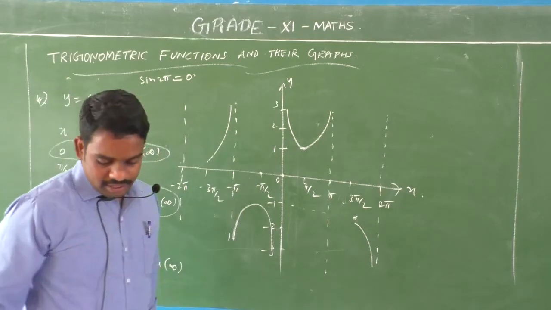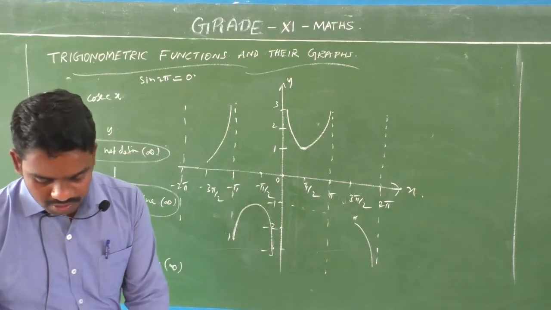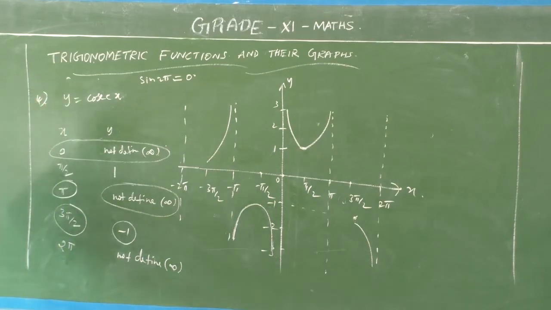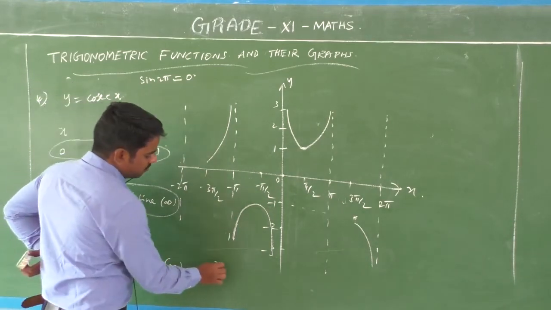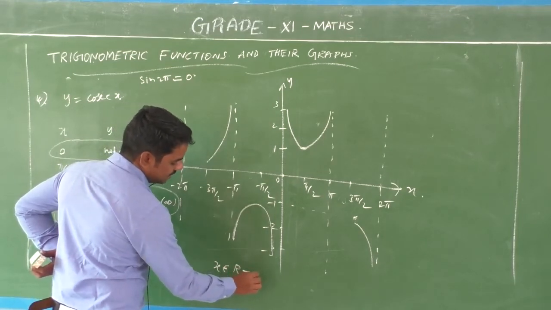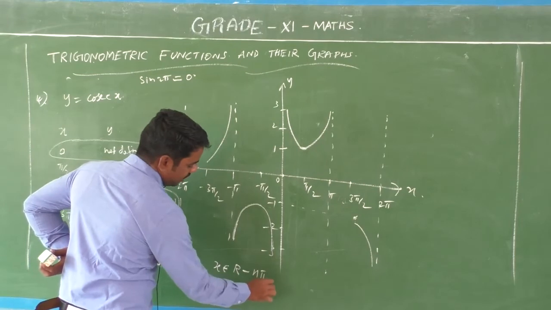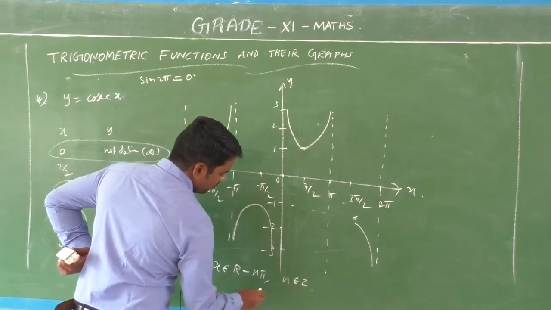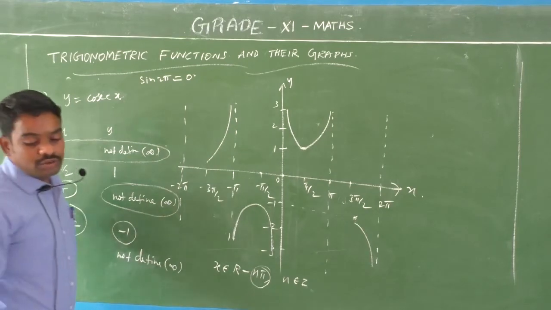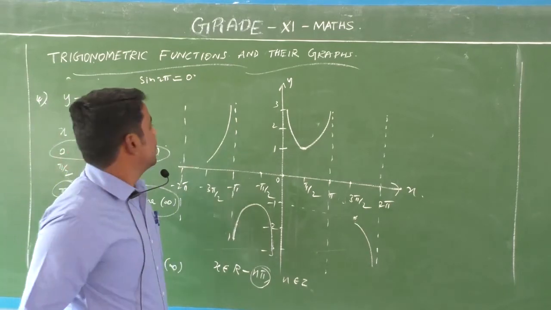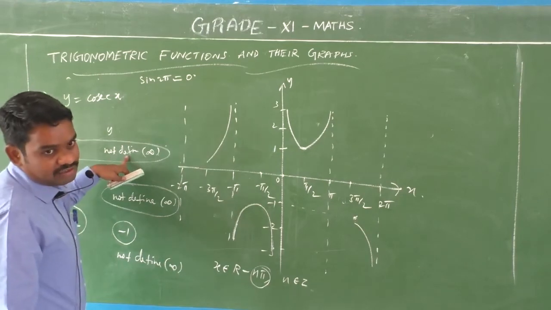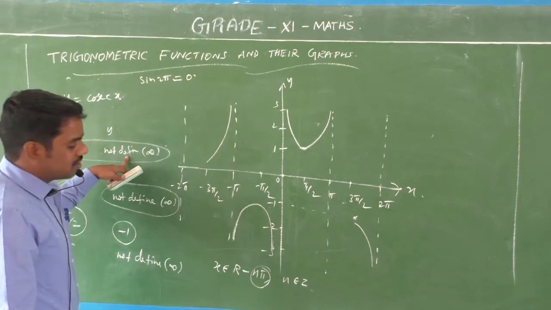Now the domain of y equal to cosecant x. Here x is not equal to n pi, where n is an integer. Sin n pi is 0, so cosecant n pi is always not defined.